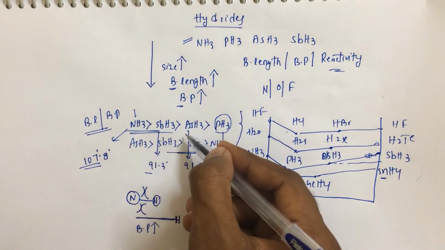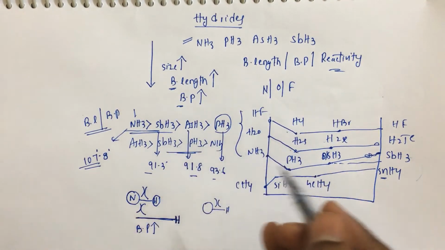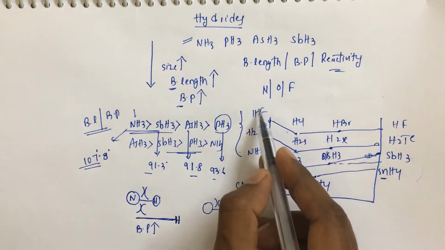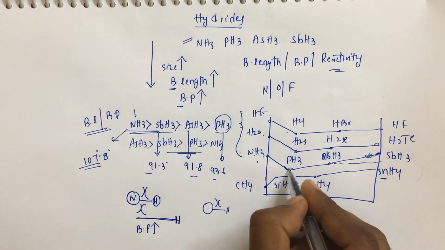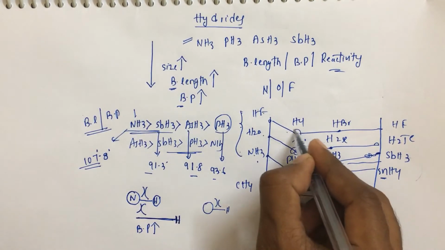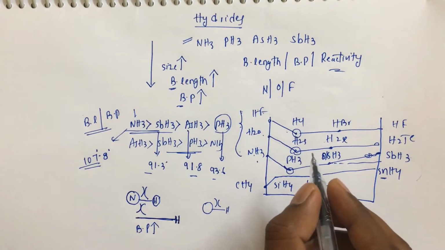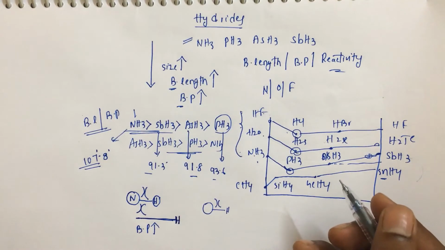Since they have bigger size, they will have higher boiling points. This thing we have to remember. So in these three groups, fluorine, oxygen and nitrogen, the second element has the least boiling point, and the second element has the least bond length. This we have to remember.